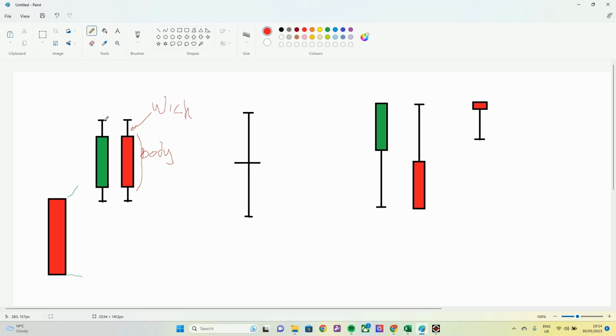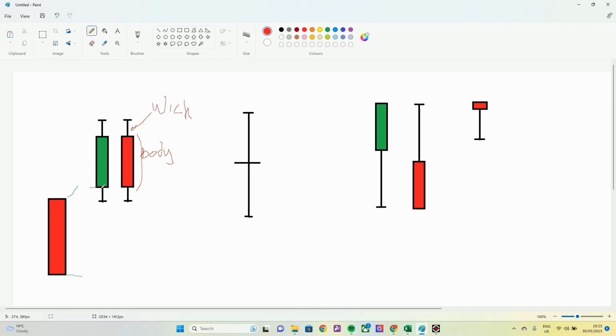Now, the wicks themselves, they actually represent the highest and lowest point of that time period. So say, for example, we'll look at this one now. We know that the body of the candle is where it starts. Now, like I say, if it's green, then it started at the bottom. If it's red, it started at the top. So we know this one's green, and we know the day started here.